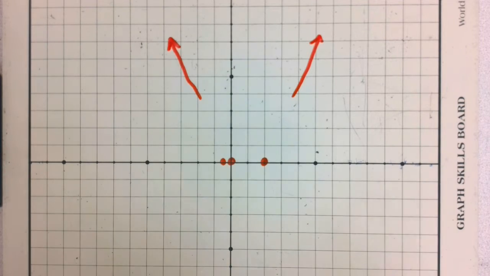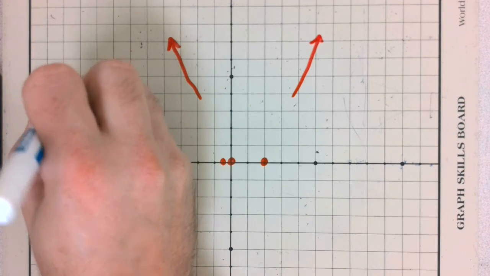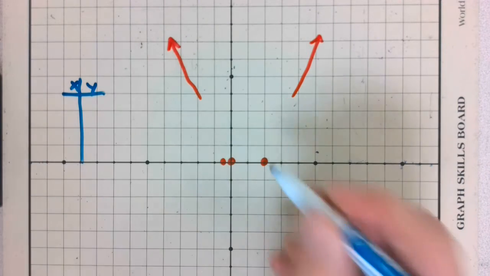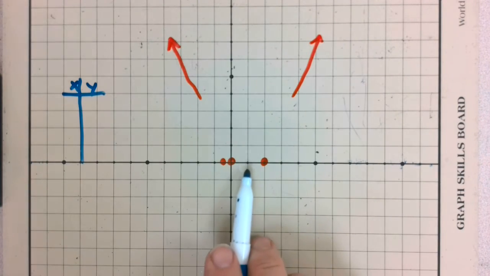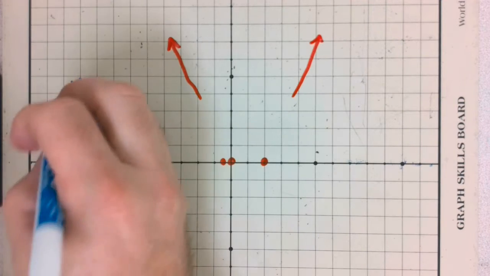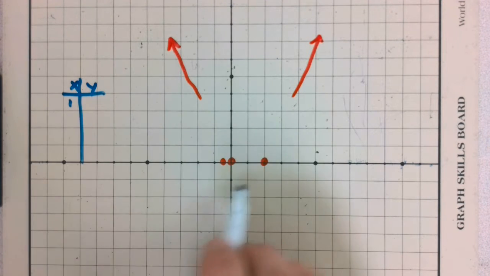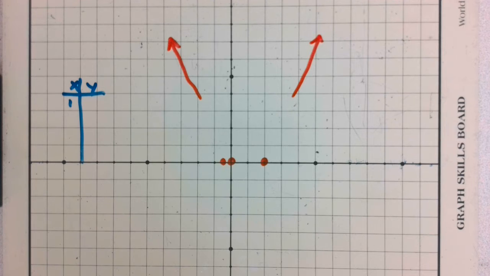So I would make an XY table, and I would plug in a couple of x's and figure out a couple of y's. But this one only has really one decent point to plug in, and that's when x is 1. So I'm going to substitute 1 into our original equation and calculate a y value, and that will give me another point.